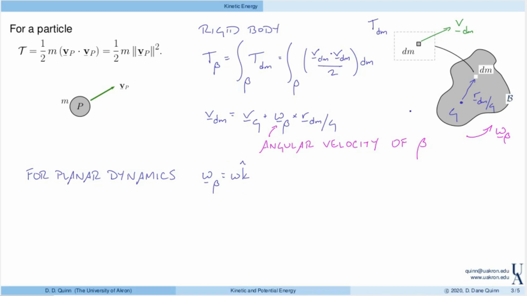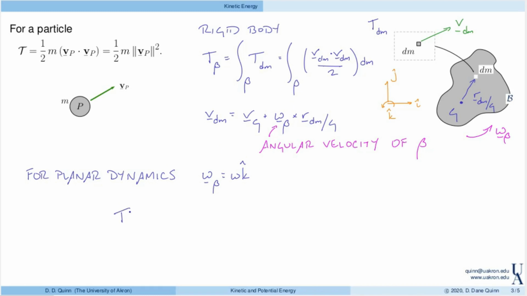So it's going to be in the k direction if we assume, for example, i, j, and then k comes out of the board. And as a result, this reduces considerably.